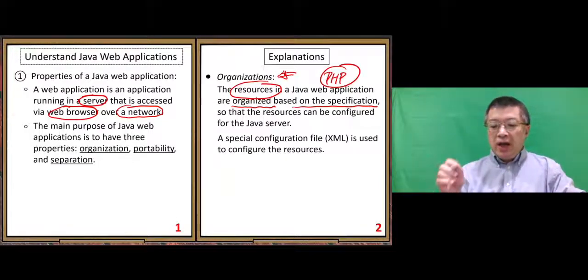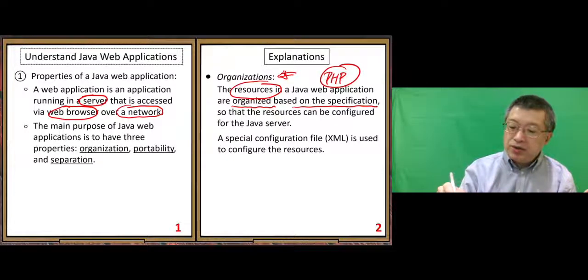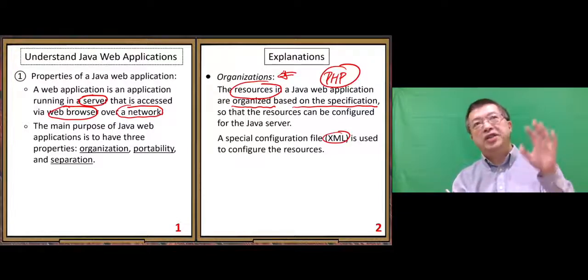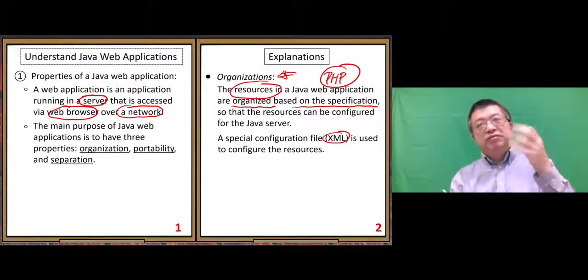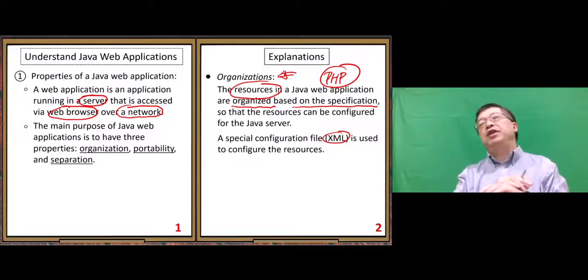And all right, regarding the organization, there is a special configuration file. It is an XML file. In our next slide, we will see that. This file is required by the Java EE specification.